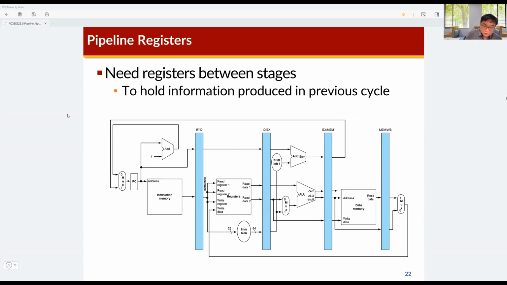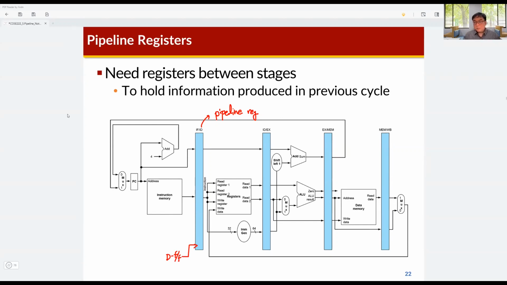This is called the pipelining register, or sometimes the pipeline register. But actually, this pipeline register is just flip-flops.